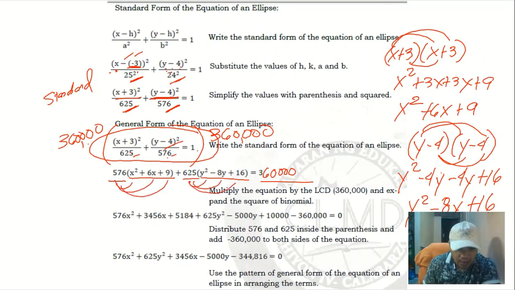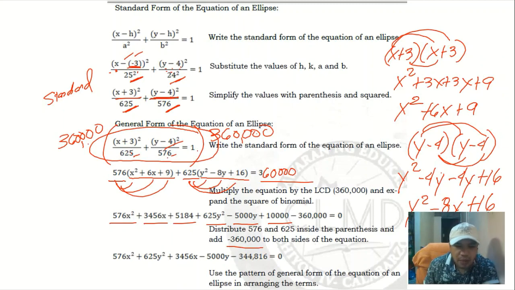So parentheses, that will give us 576x squared plus 3,456x plus 5,184 plus 625y squared minus 5,000y plus 10,000 minus 360,000. So, addition property of equality ang ginamit para nasa kaliwa na si 360,000.